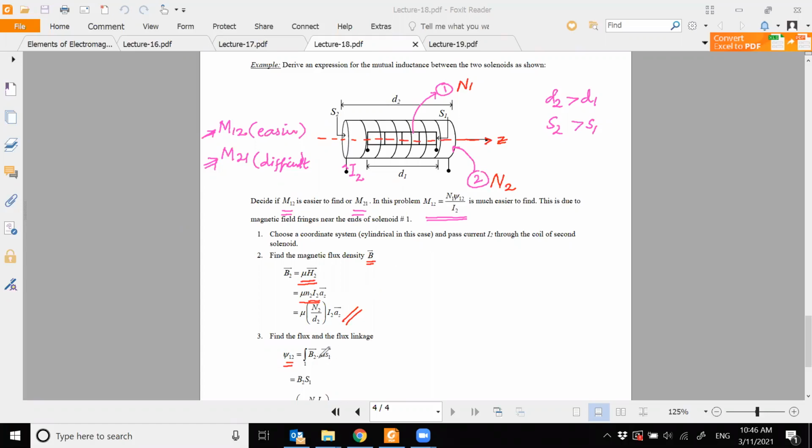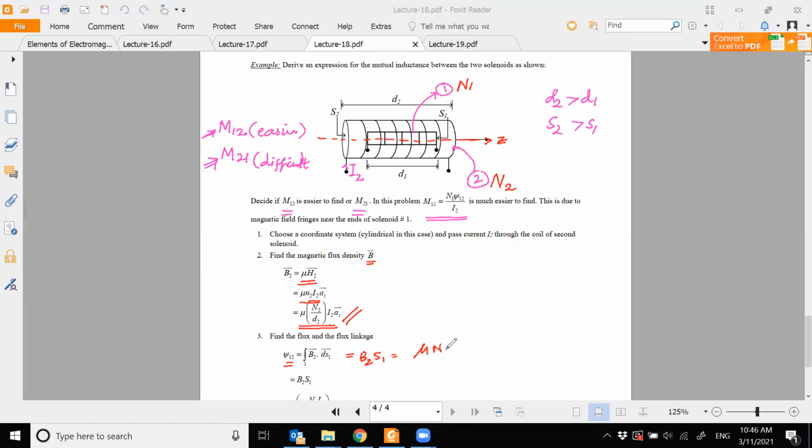Now here again, the dot product and integral simplify, because you do not have any variable here. They are all constants. In the previous example, you had rho as a variable, so you could not take it outside the integral, but now you can. So therefore, this will simply become B2 S1, and B2 is what?